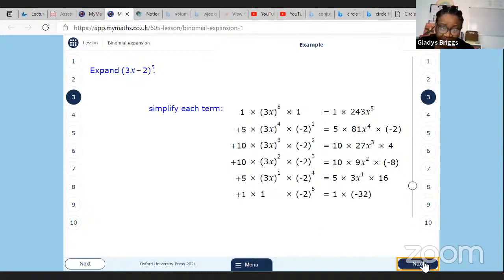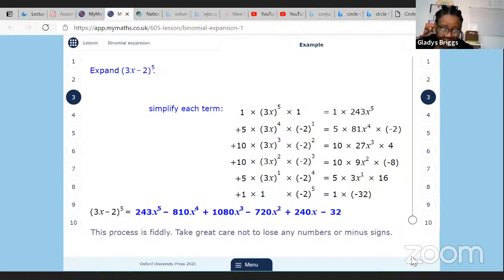Yep, I get that. Yeah, so that's the fiddly bit. You have to do it. So let's do it together. I'm going to take a picture of the answer. And we can do it together on my whiteboard. So you guys just follow the process, okay? Follow the process.